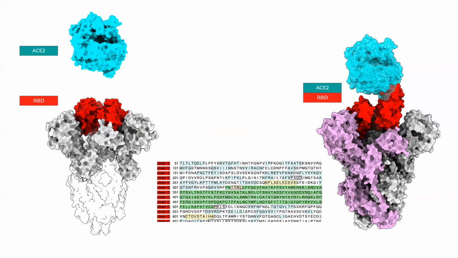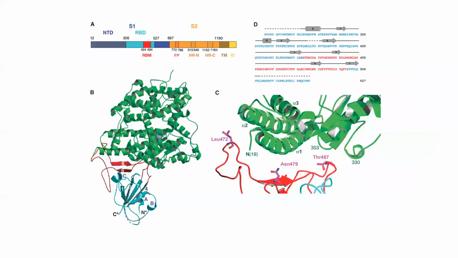And so there's a paper that we already discussed previously that can give us more insight into how specific amino acids in this portion that connects between the two, which is right here, the receptor binding motif from 424 to 490, changes in that specific position can impact the binding.